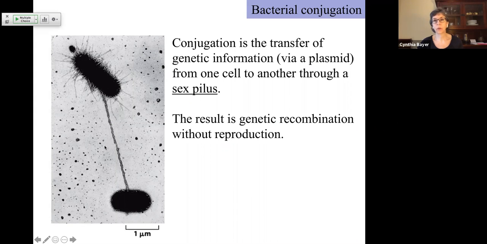That's why it looks so large relative to the microorganism, where information from one individual, one cell, can be transferred to another cell. And again, this is one way that bacteria can pick up antibiotic resistance genes carried on plasmids, and be able to acquire that resistance.